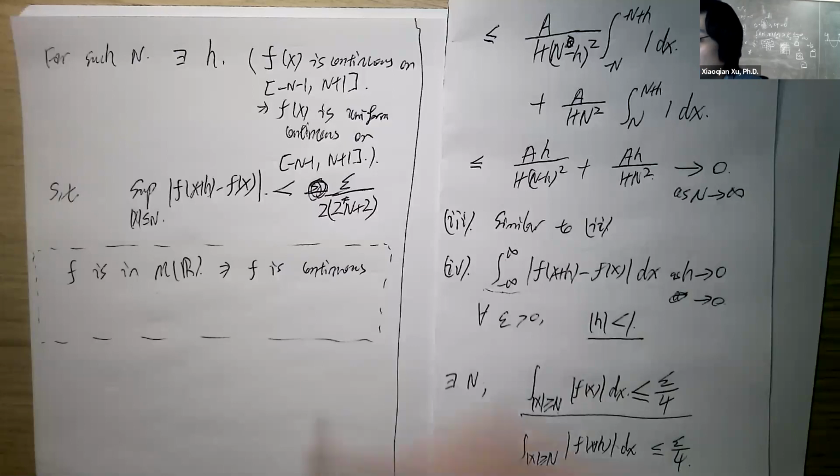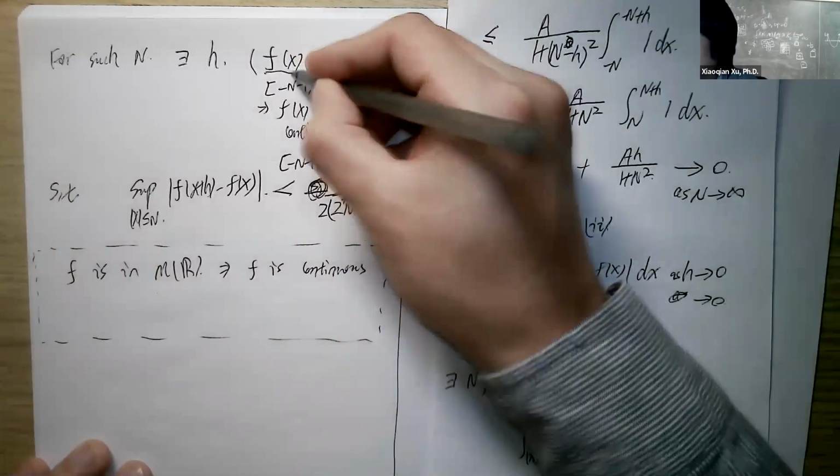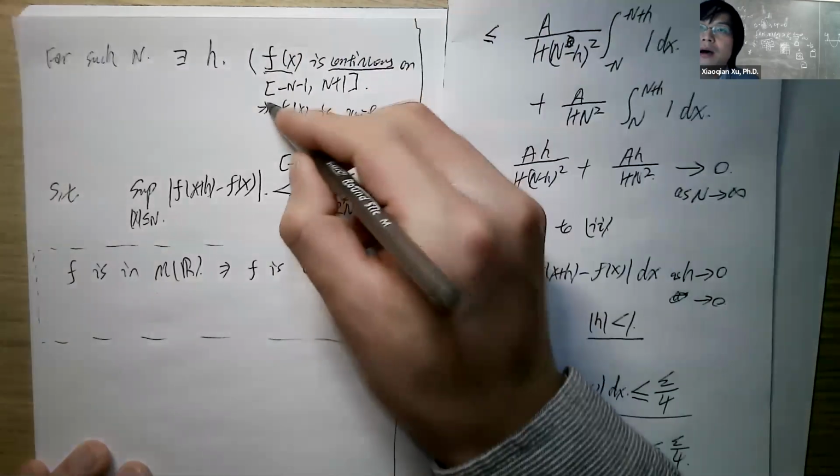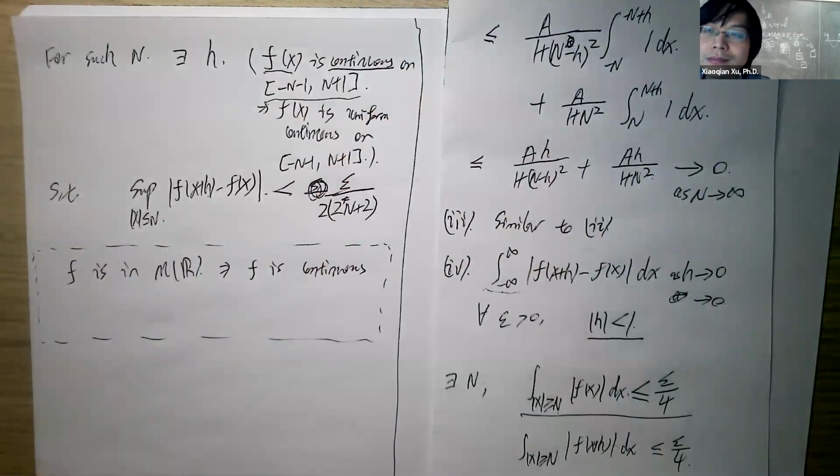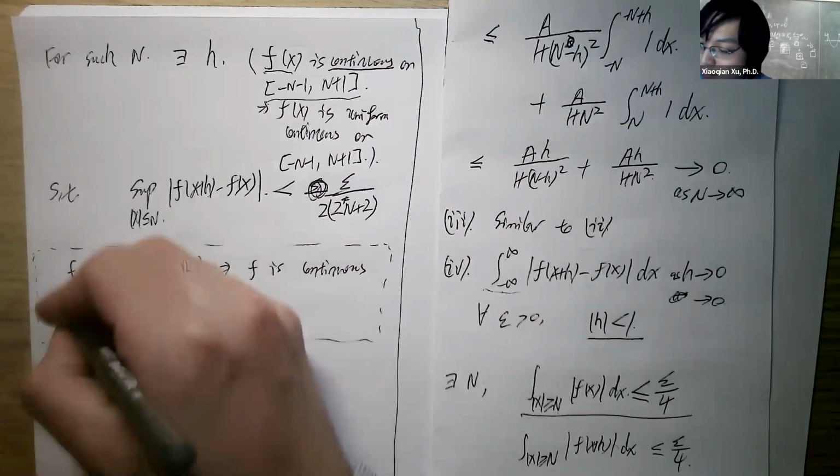And f is continuous on a closed bounded domain, like a closed interval, then the conclusion is f is uniformly continuous on this interval.